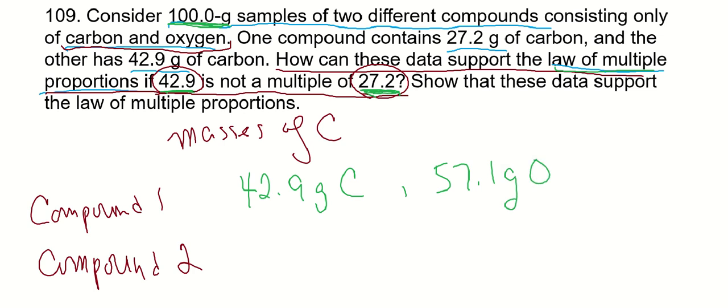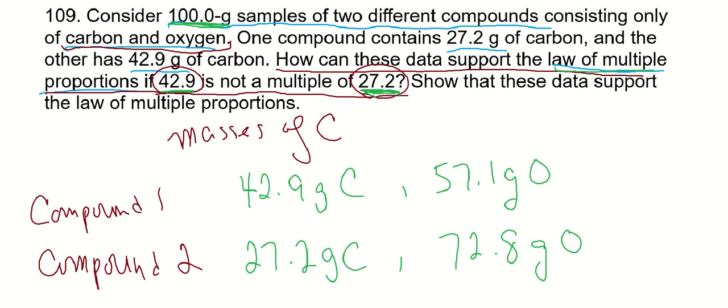Now in compound 2, we're told that there's 27.2 grams of carbon. So 100 minus that is going to give you 72.8 grams of oxygen.